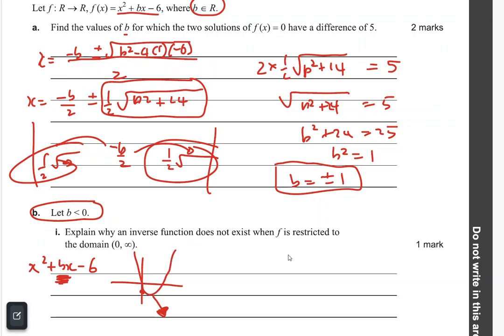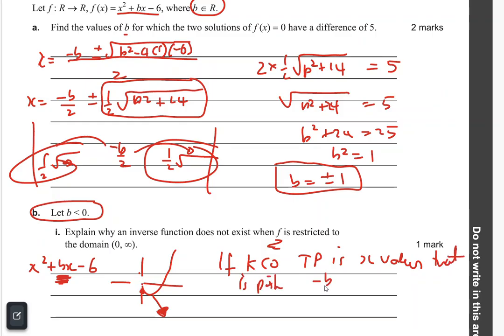Explain why the inverse function does not exist when f is restricted to the domain 0 to infinity. So if I was to restrict the domain, then my graph is going to be many to 1. If k is less than 0, the turning point is an x value that is positive, because minus b on 2 will be positive because b is negative.